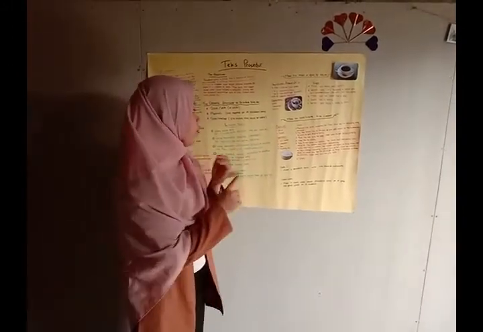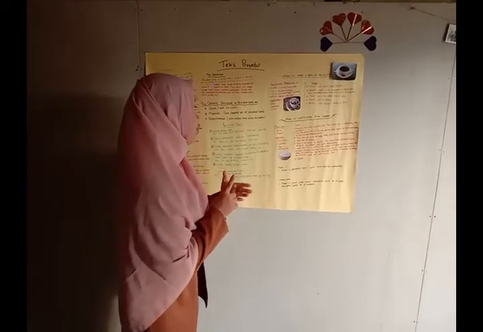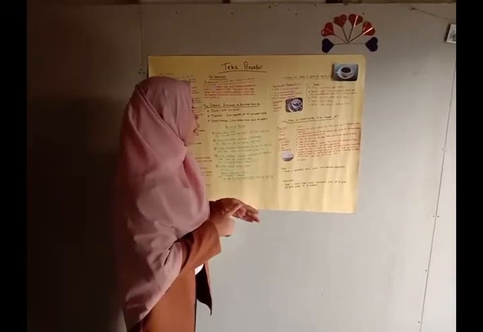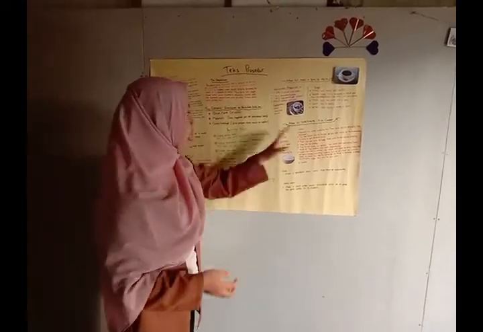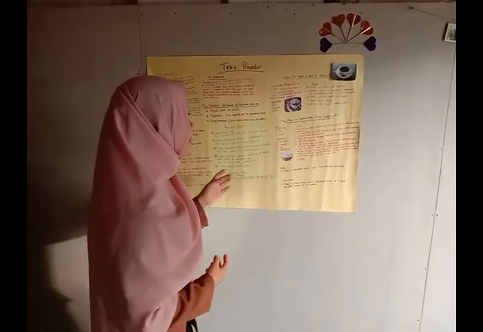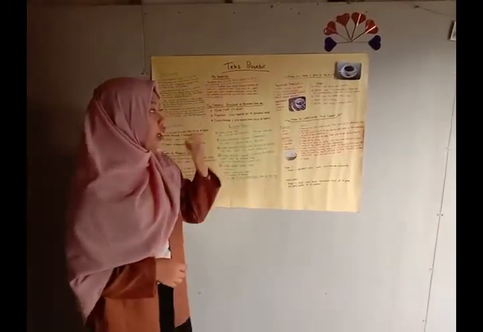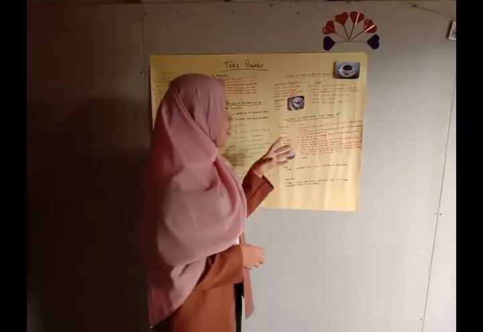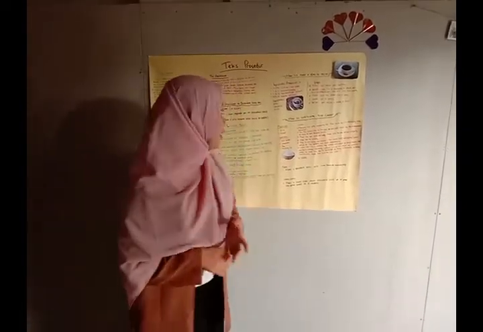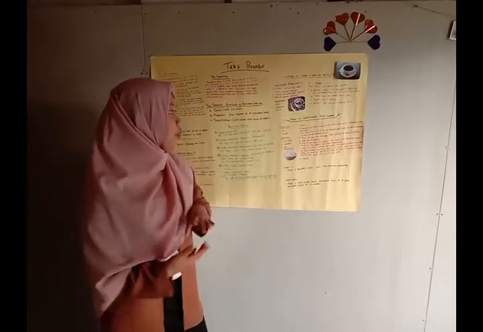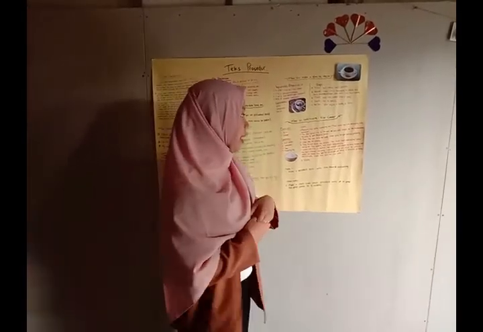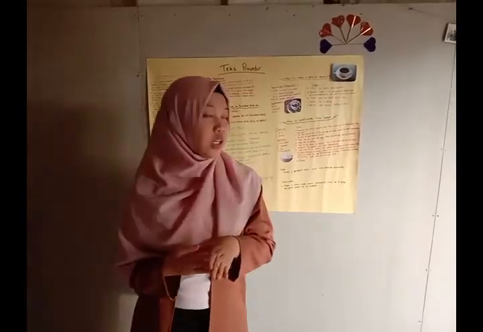We need rice, water, rice cooker, container, pan, measuring cup. And for the step here, the first, measure rice with measuring cup, and then rinse the rice thoroughly using the container. Then put the rinsed rice into the pan and add water.